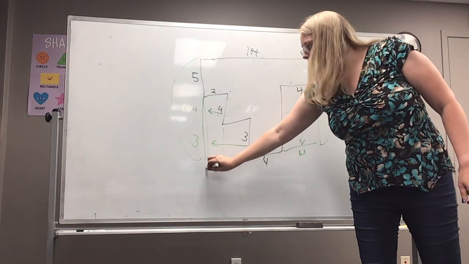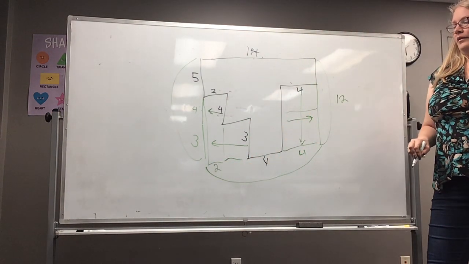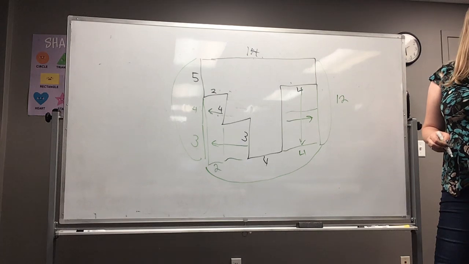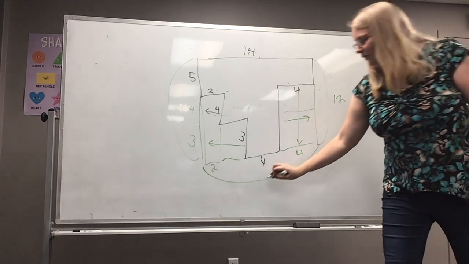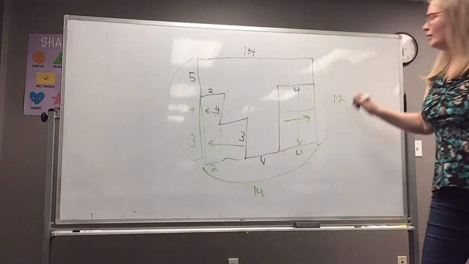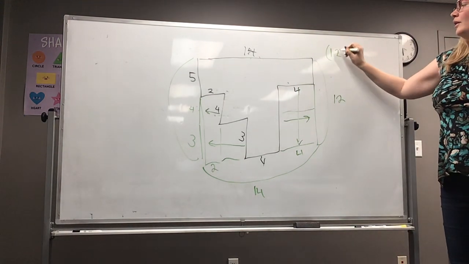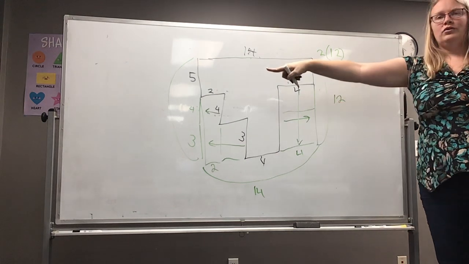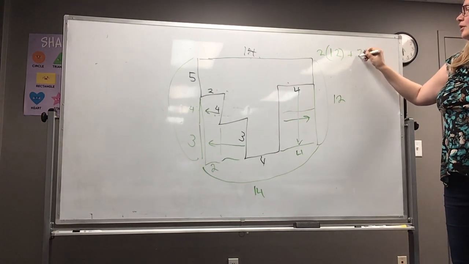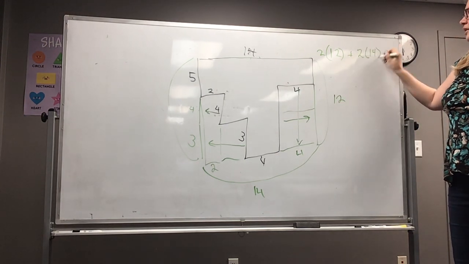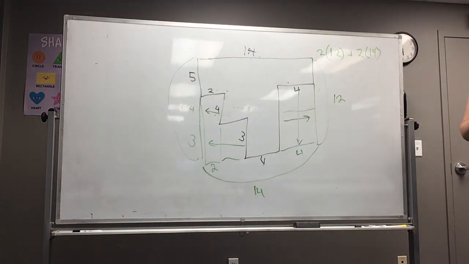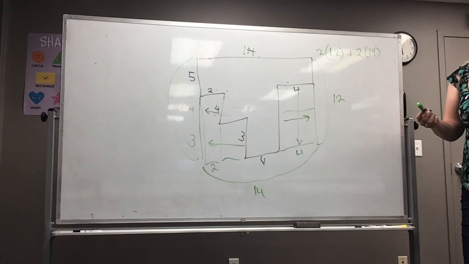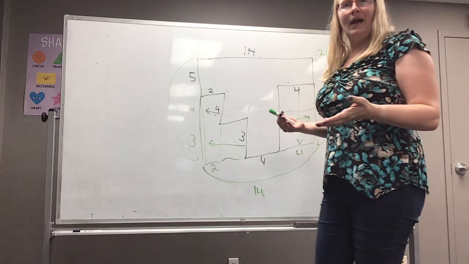We just need to know the whole thing. How long is the whole thing? Same as above, 14. And so this is just 12 times 2 for the two sides, plus 2 times 14 for the top and the bottom. We don't have to know all of the pieces to understand perimeter is the whole distance around.